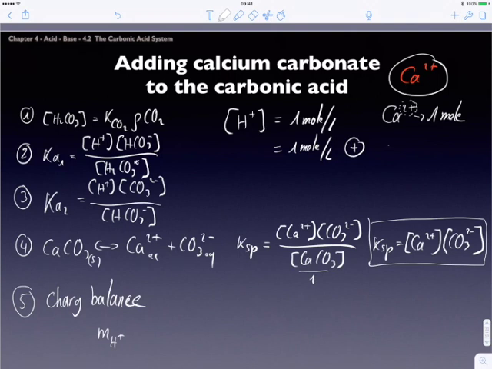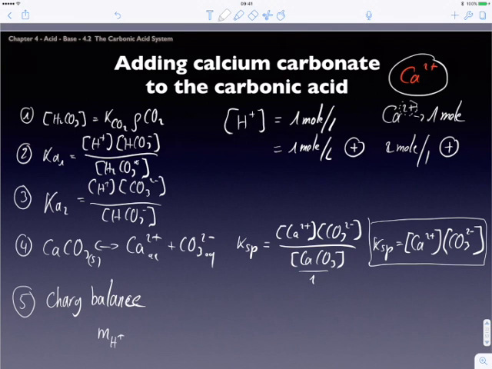That means I will have 2 moles per liter of positive charge in this case. So if you look at the mole of charge related to one element, you need to multiply by the number of charge of the cation or the anion.